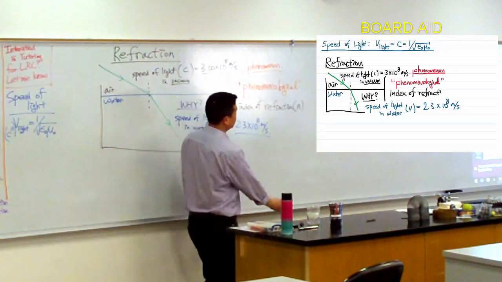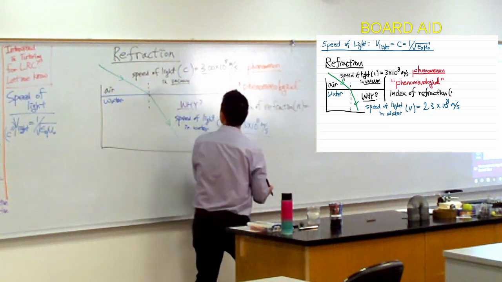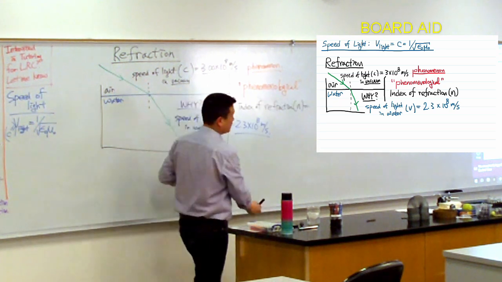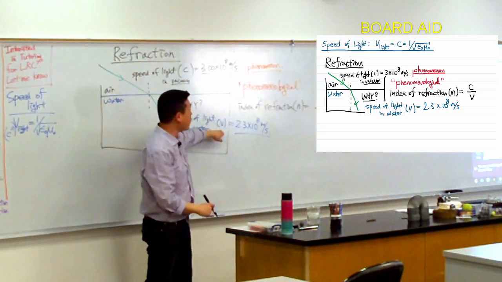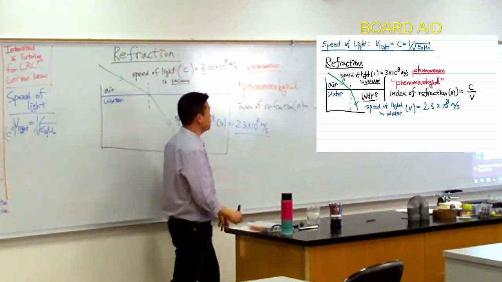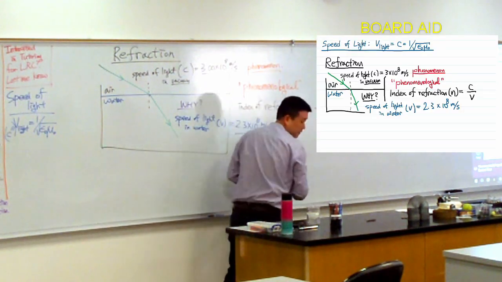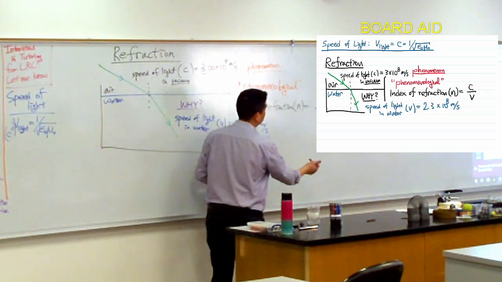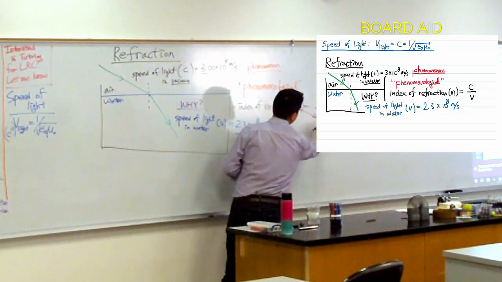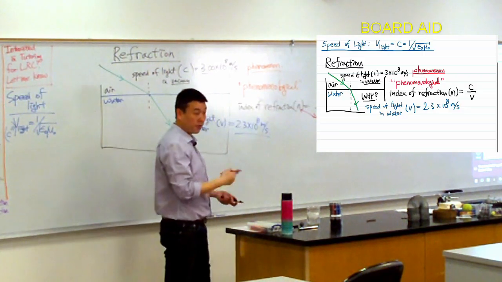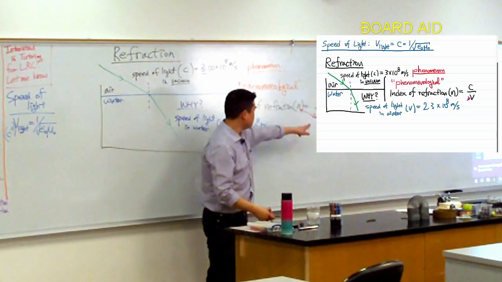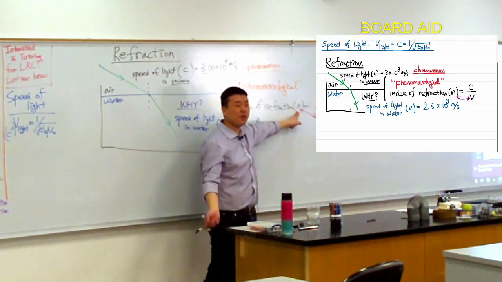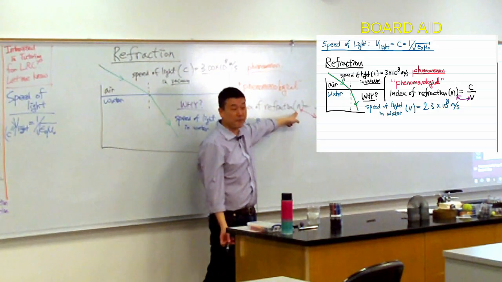It's defined as the speed of light in vacuum, c, divided by the speed of light in whatever medium that is, v. So these two quantities go together. This v is some kind of property of the medium, the speed of light in the medium. And the index of refraction is essentially a way of expressing the exact same information.